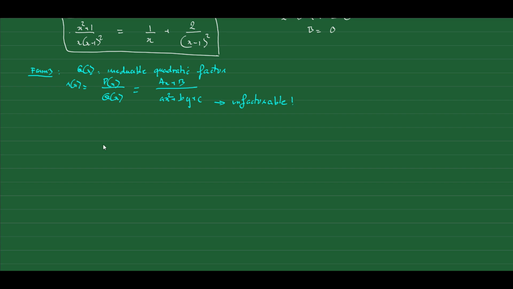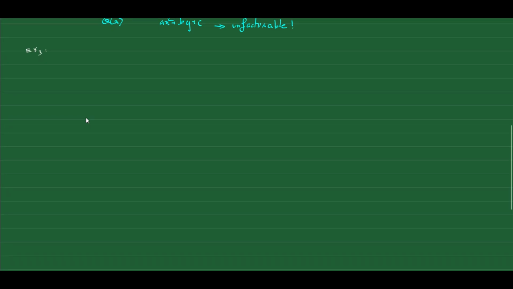Okay, now let's take a look at this one. Example number 3. So I have a rational expression like this: 2x squared minus x plus 4 over x cubed plus 4x.